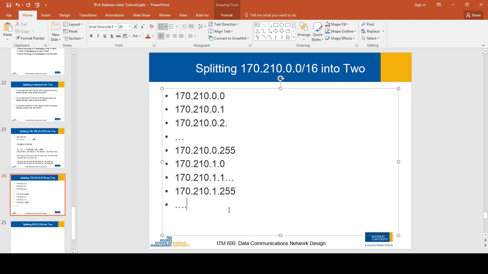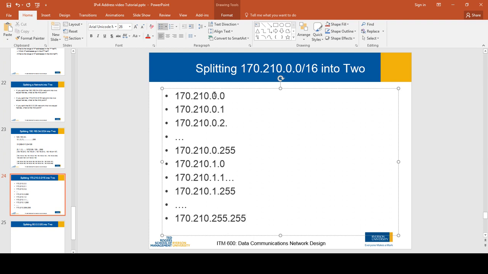So the last IP will be 170.210.255.255. So these are all possible combinations starting from 170.210.0.0 and goes up to 170.210.255.255.